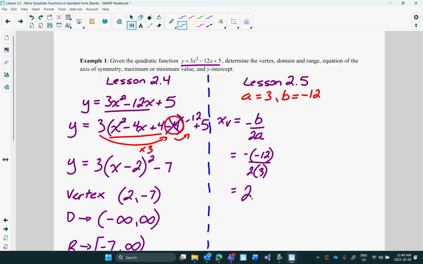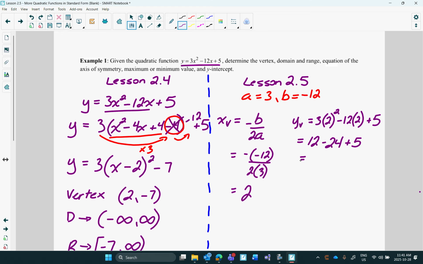How do I find the Y vertex? I take that 2 and plug it back into here. What's 3 times 2 squared? 12 minus, plus 5.